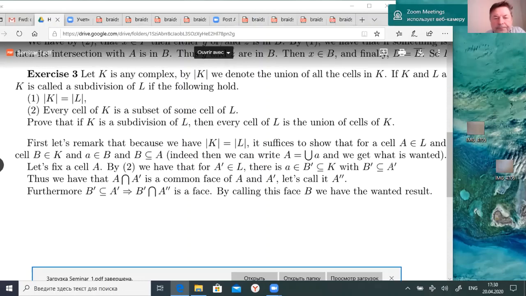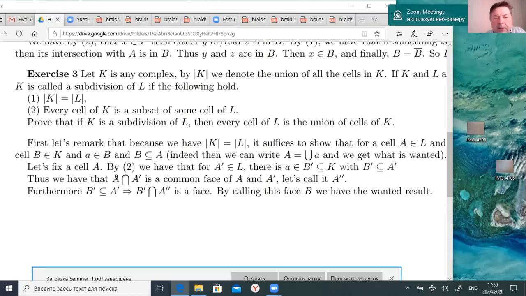Yes, this is just by using condition 2. Yeah, and this is also true for A, right? Yes. And both of them are cells of L, right? Yes. So the intersection of them is a cell of L by the definition of the simplicial complex.